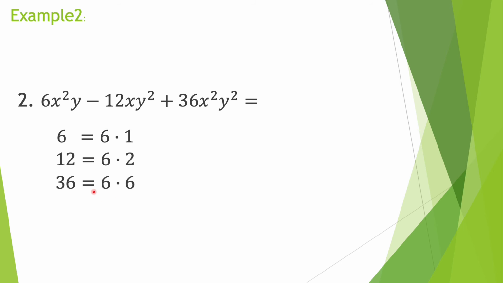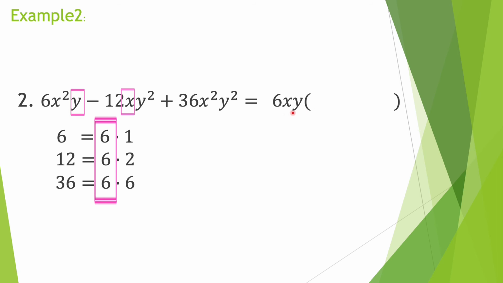Then, ang common factor sa kanila, greatest common factor ay 6. How about the variable? So, x squared, x, and x squared. Ano yung pinakamababa doon? X. Then, yung y squared, y squared, and y squared, ang pinakamababa doon ay y. So, pagsamahin natin yung GCF na nakuha natin, that is 6xy.